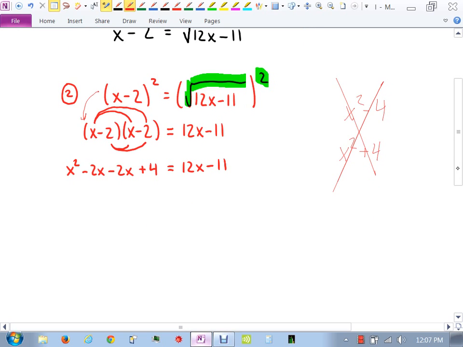So that's called foiling or expanding. And now let me collect some like terms together. I have x squared minus 4x plus 4 equals 12x minus 11. So all I did there was put these two terms together, negative 2x and negative 2x.